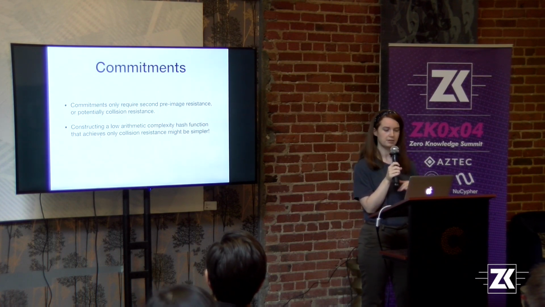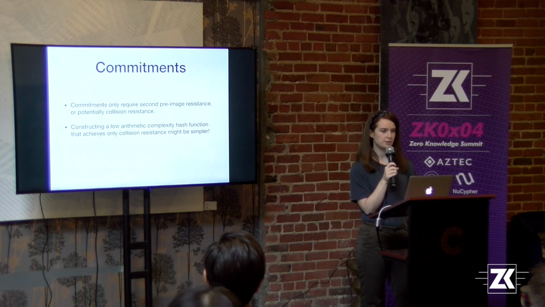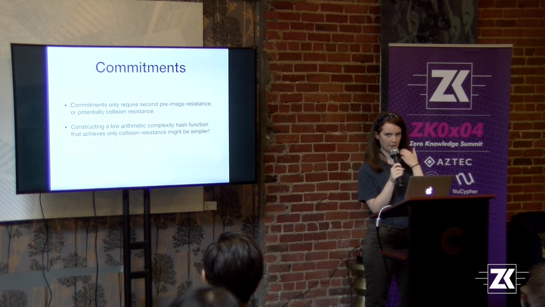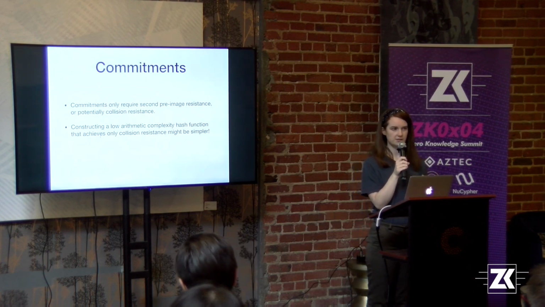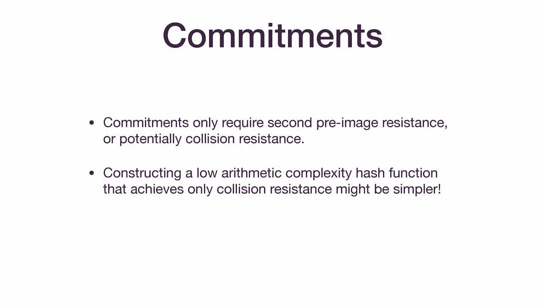Commitments require only second preimage resistance, which means that given a message, it's hard to find another message that hashes to the same output, or collision resistance, which is that it's hard to find any 2 messages such that the output of the hashes is the same. So what happens if we only need this goal? And maybe we can first construct something simple that just satisfies this.